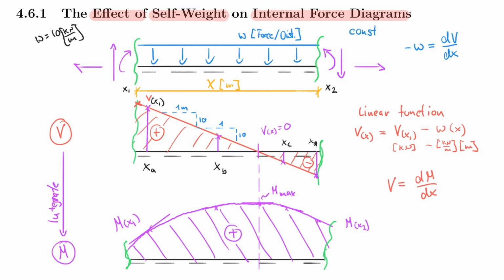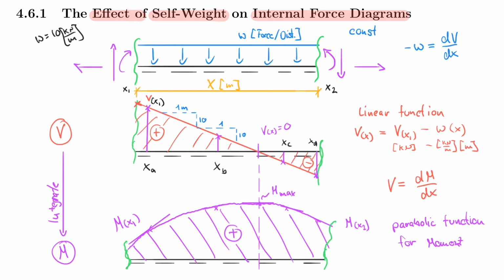And then, therefore, we end up with first a linear shear function, but then we have a parabolic function for the moment. And that is always true as long as you have a constant or evenly distributed force. So under self-weight, which is really represented by this, under self-weight you will always end up with a linear shear force function and a parabolic moment function.